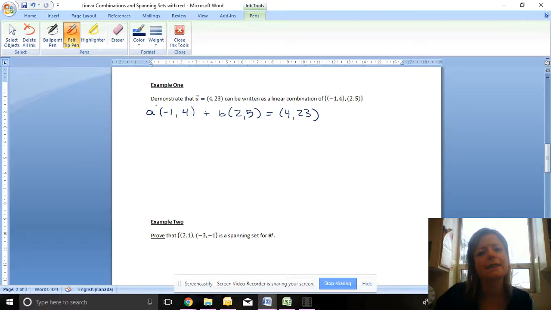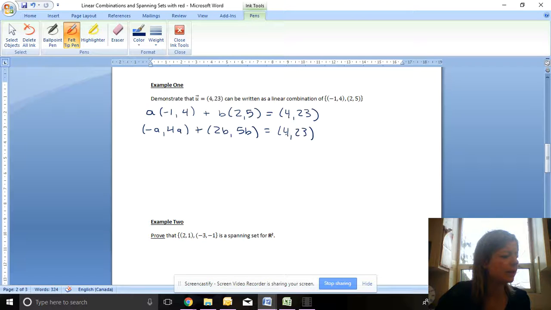Now we just need to find the a and the b that satisfy this equation. This would mean we'd have (-a, 4a) plus (2b, 5b) equals (4, 23).